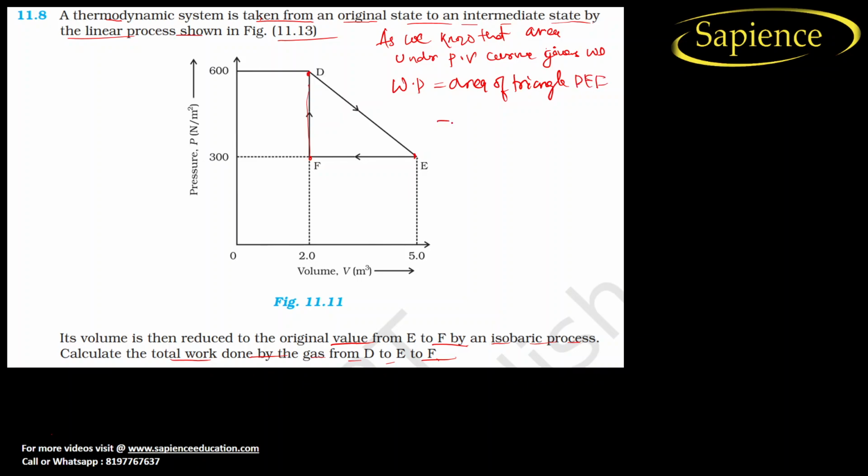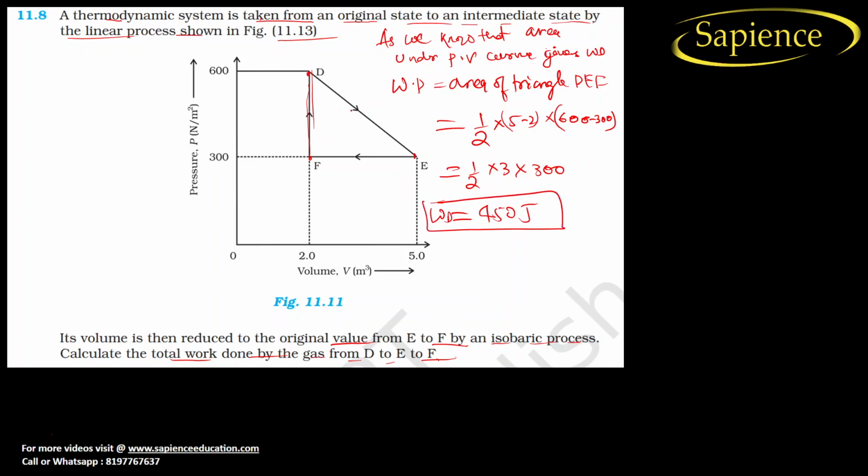The area of the triangle is half into base. The base FE is 5 minus 2, and DF is 600 minus 300. So we get half into 3 into 300, which will be 450 joule. So the work done in moving from D to E, E to F is 450 joule.